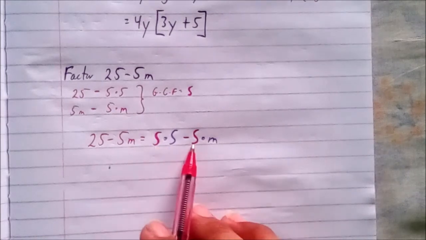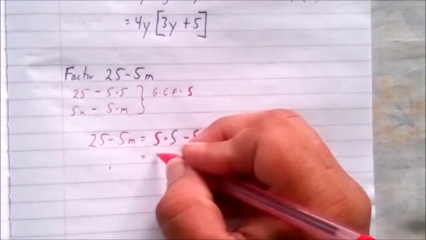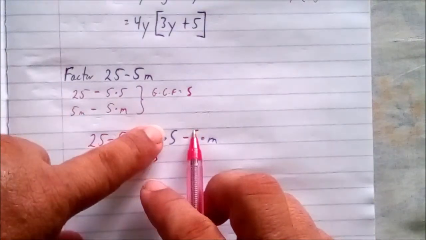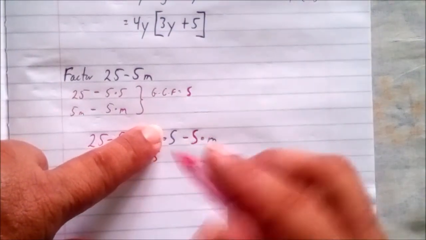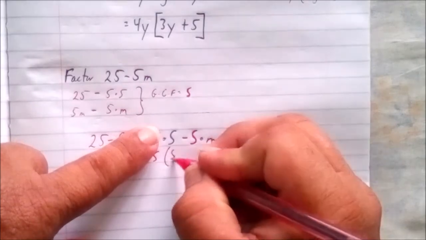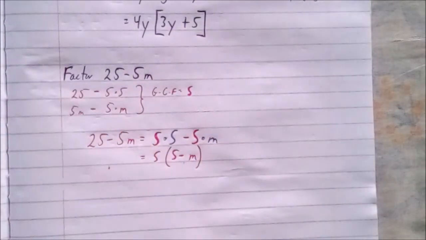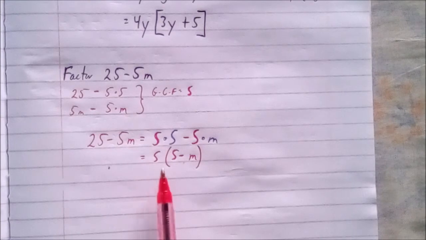Both of them have the 5, so therefore we put 5 outside and then forget about those two 5s there. So we have 5 minus m, so put now bracket 5 minus m, and then we can say that the greatest common factor is simply what? Factor out the number 5 there.